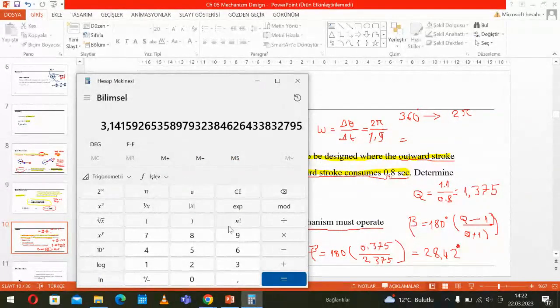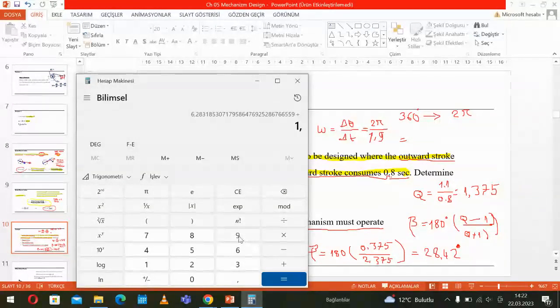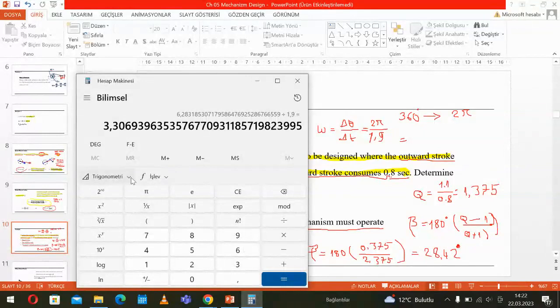So pi times 2 over 1.9 is equal to 3.3 radians per second.